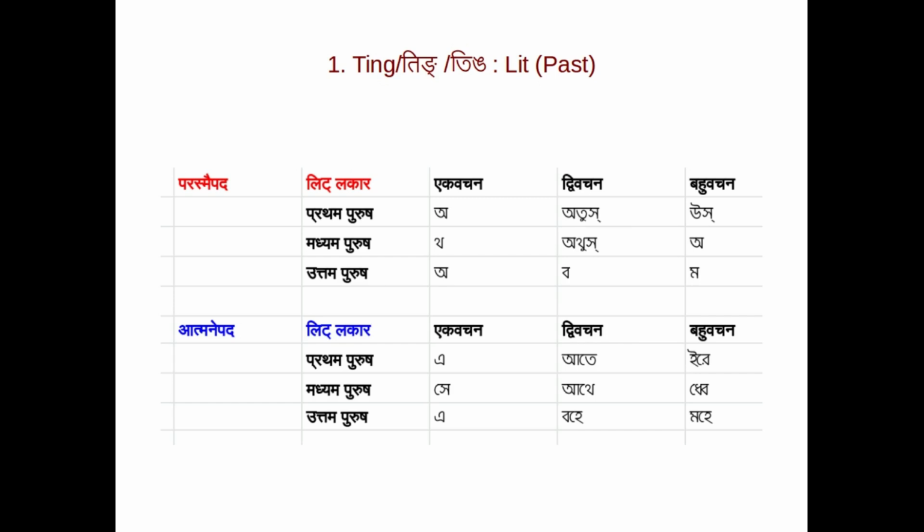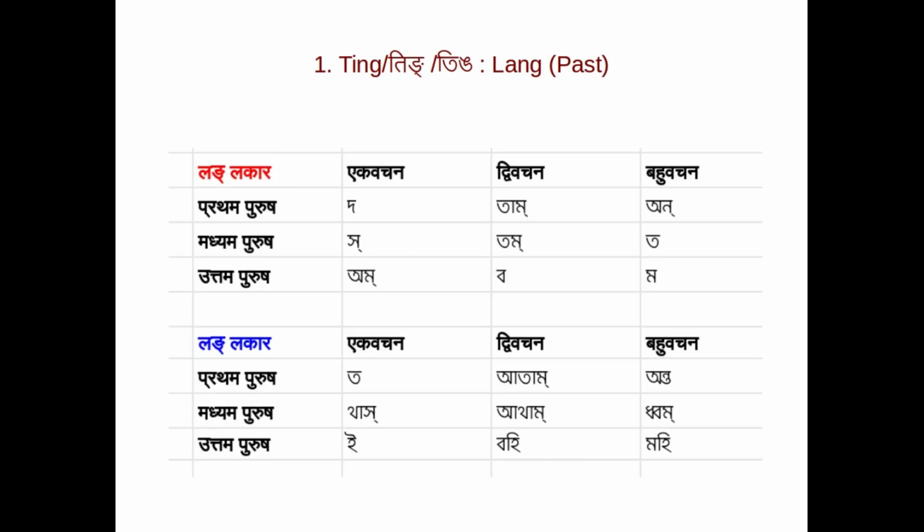Now let us look into lan lakar, which is also past tense. For Parasmaipadi we have at atam an, syat syatam, tya ambyama. For Atmanepadi we have ta atam anta, thas atham dhvam, i vahi mahi.